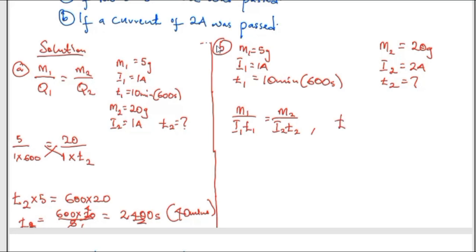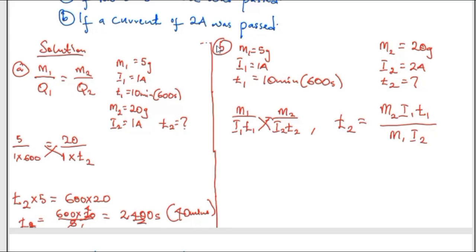So T2 will be equal to M2 I1 T1 all over M1 I2.